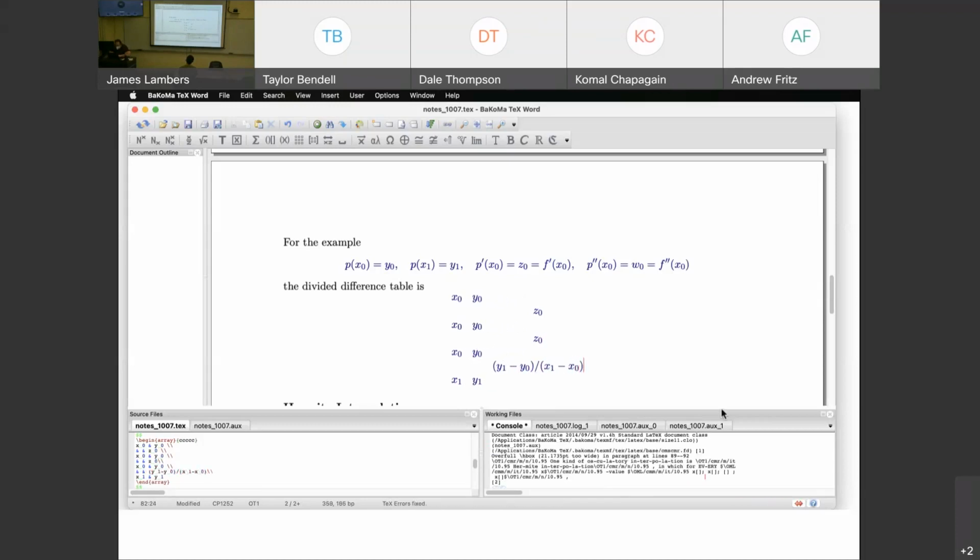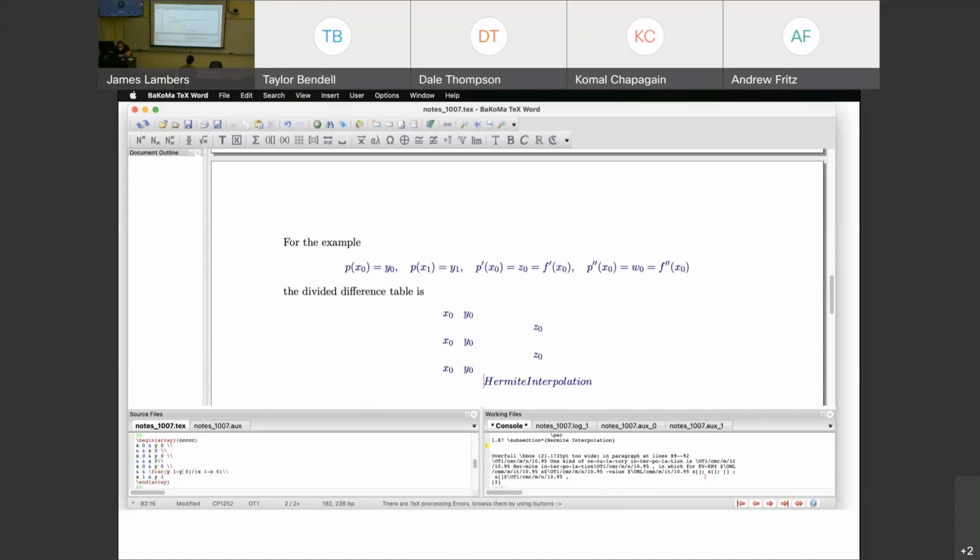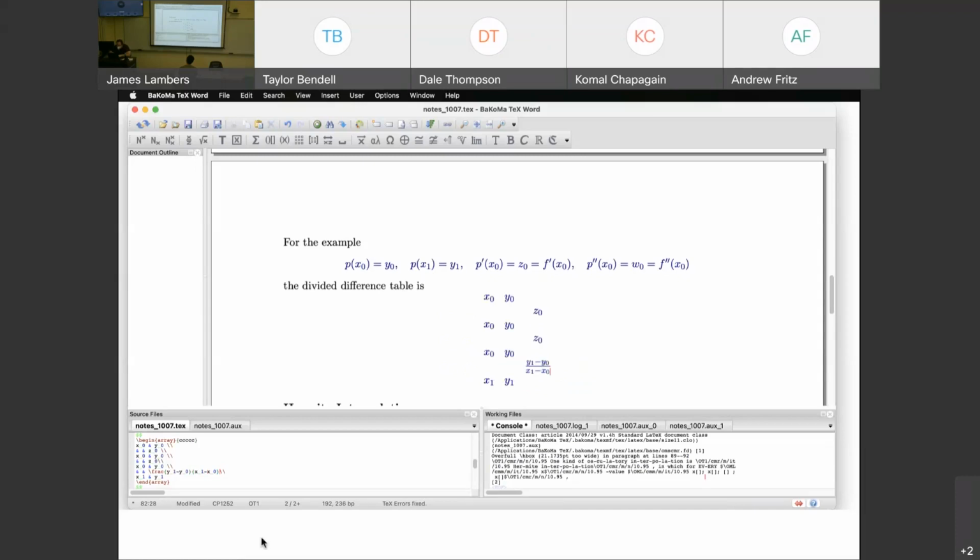I'm going to make that a fraction so it doesn't take up so much space. Now this column of the first order divided differences is complete.